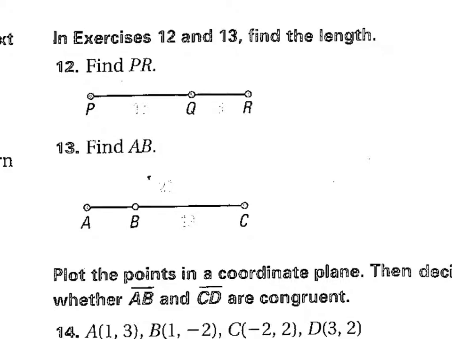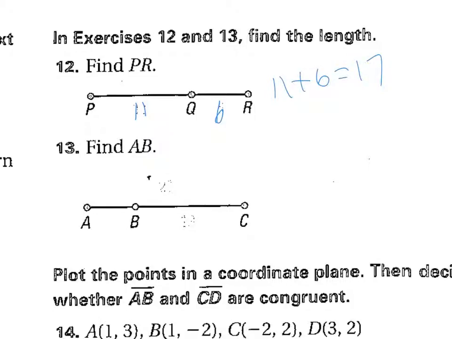Okay, guys, see here. These numbers didn't copy very well, but that's 11 and 6. Okay. They want to know what PR is. That's the whole segment. Okay. Here's P, Q, and there's Q to R. We want PR the whole way down. Obviously, all we need to do is add 11 plus 6 is 17.